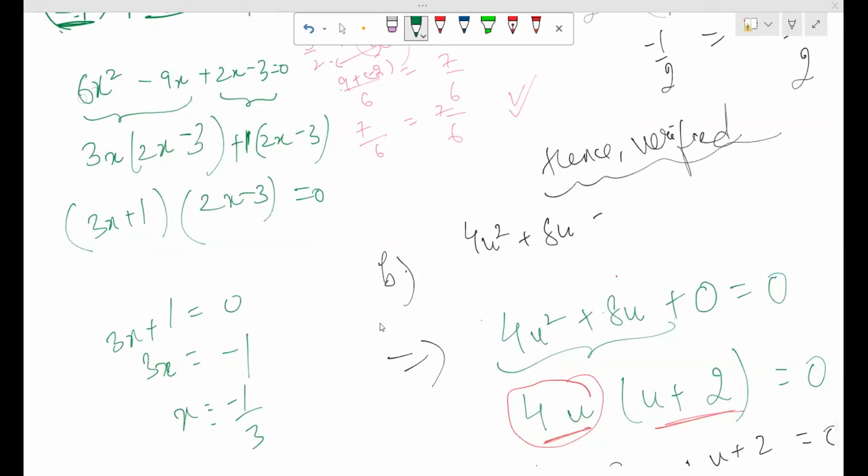So minus, yes, take care of the signs while transposing here and there.